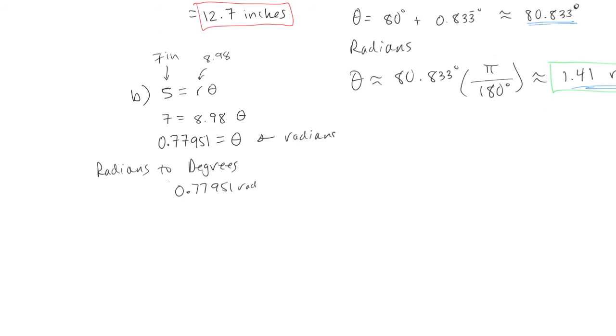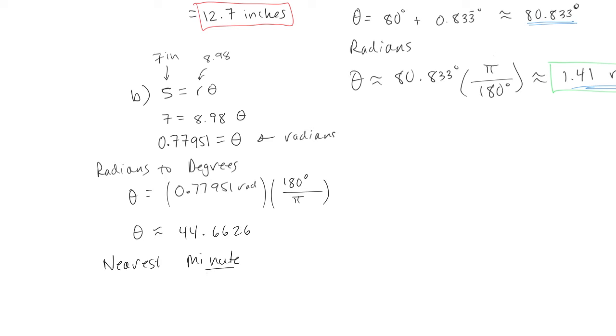Now I want to get rid of radians, so I'm multiplying by my well-chosen 1. Pi radians is the same thing as 180 degrees. So I'm going to multiply that, so here's my theta. Okay, so I've got 44.6626, and I'm supposed to convert this to the nearest minute.